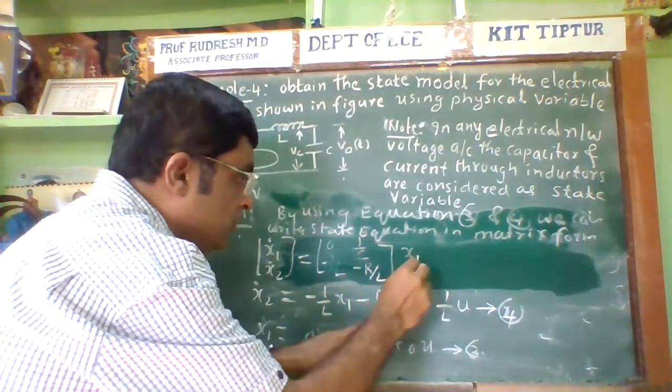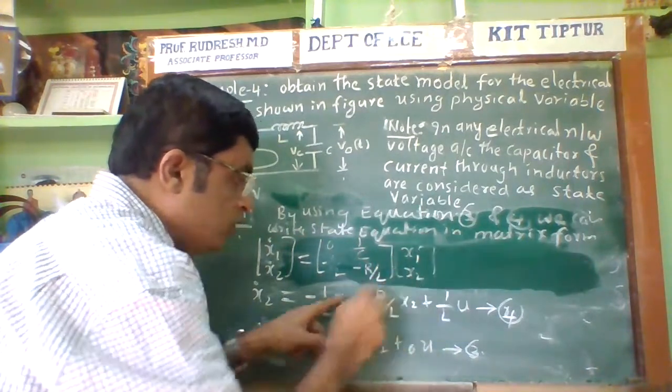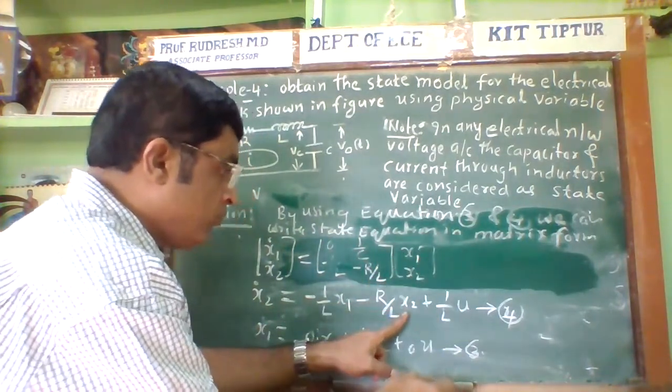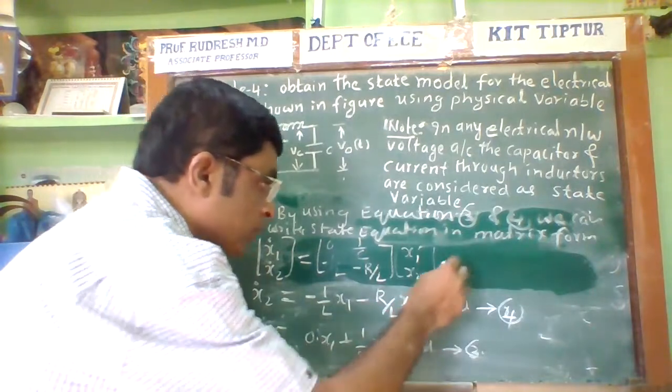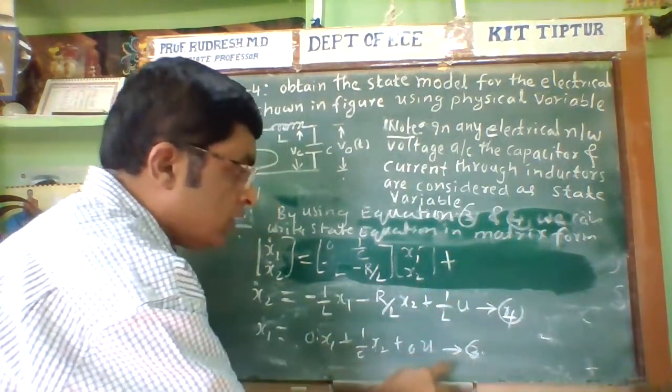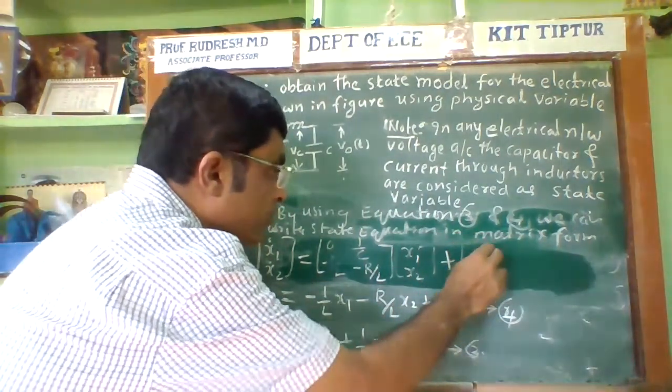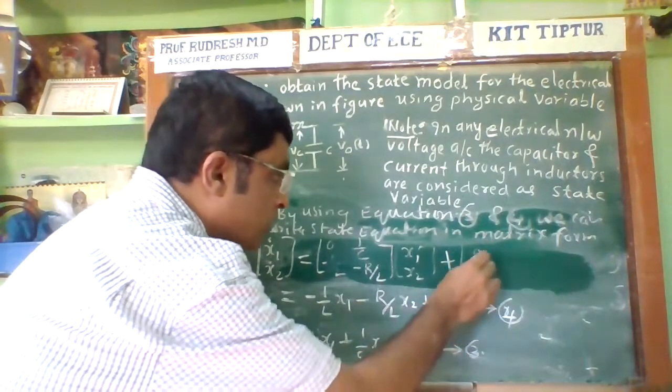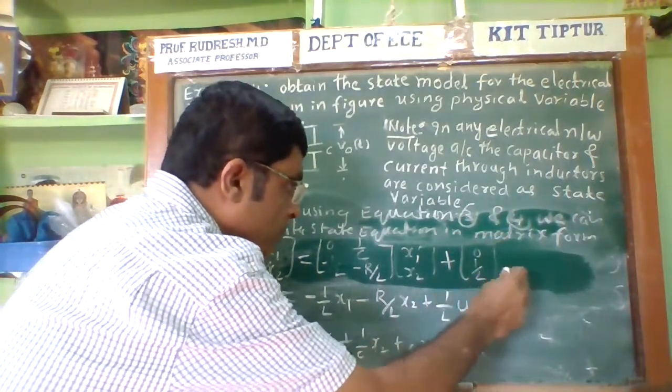This is multiplied by x1 and x2, plus here there is a 0 into u, and here there is a 1 by L into u.